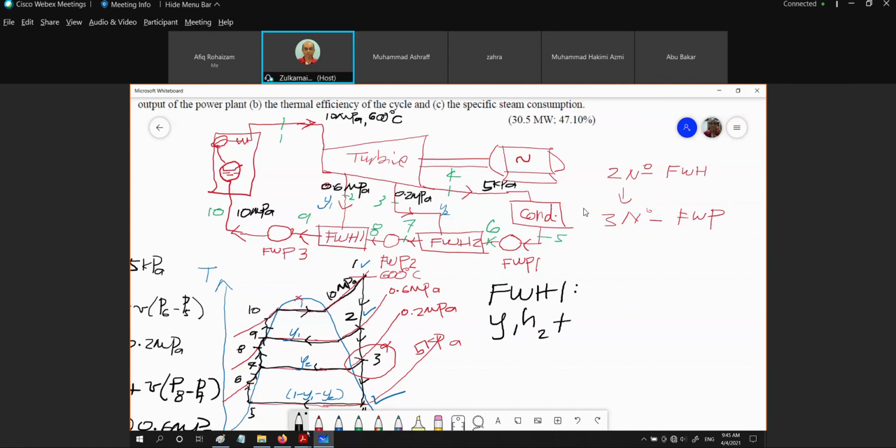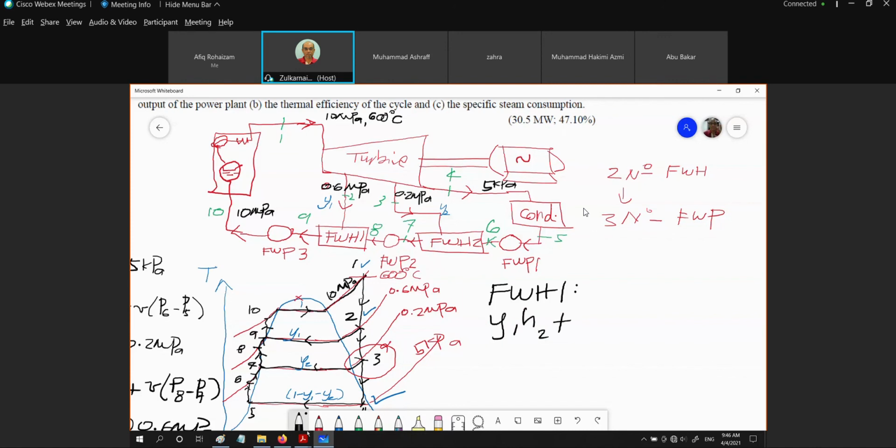This is Y2. This flow is 1 minus Y1 minus Y2. Remember, this is Y2, correct? So the balance right here is 1 minus Y1 minus Y2, and it is going to flow at this path.